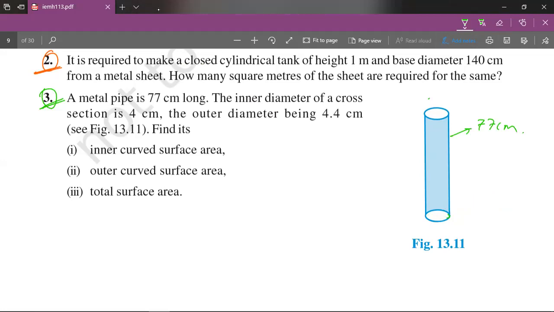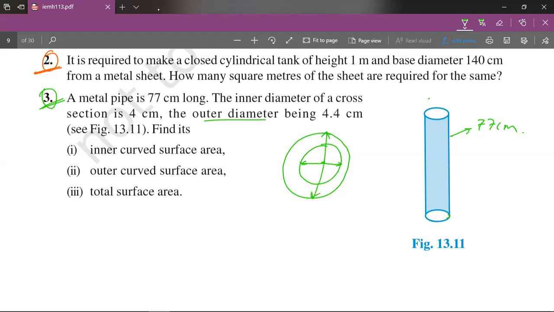From the top view, it will look like this. So the inner diameter is this, and the outer diameter is this, with a common point.